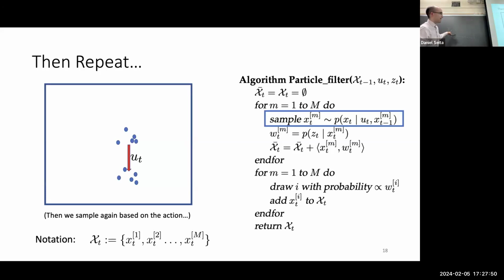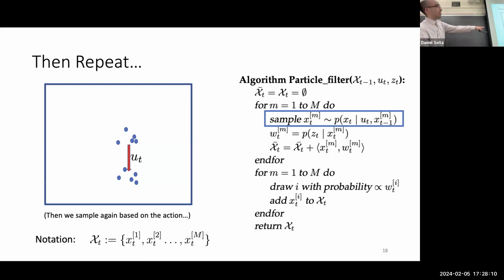If we assume that M is 5, because I have 5 different particles here, then that for loop is basically iterating from 1 to M. So it's iterating from here, here, and figuring out what particles to add for each time step.